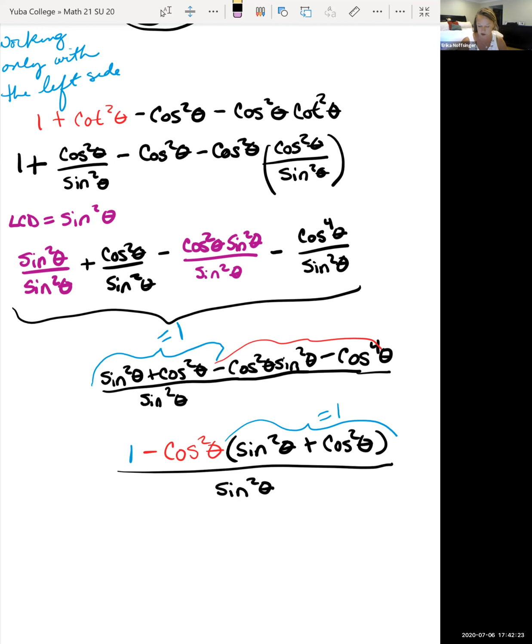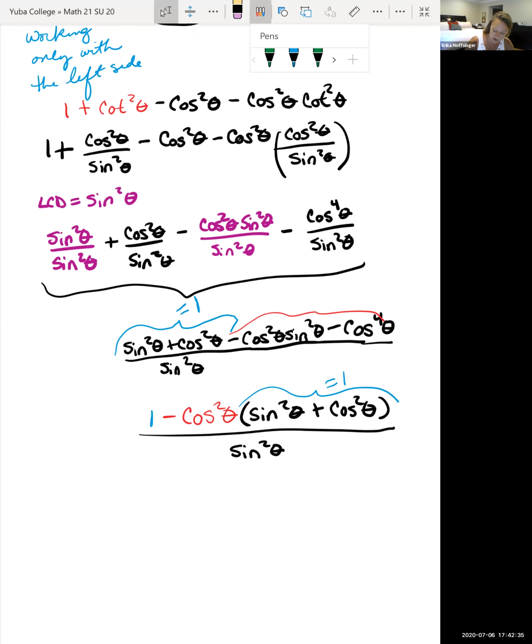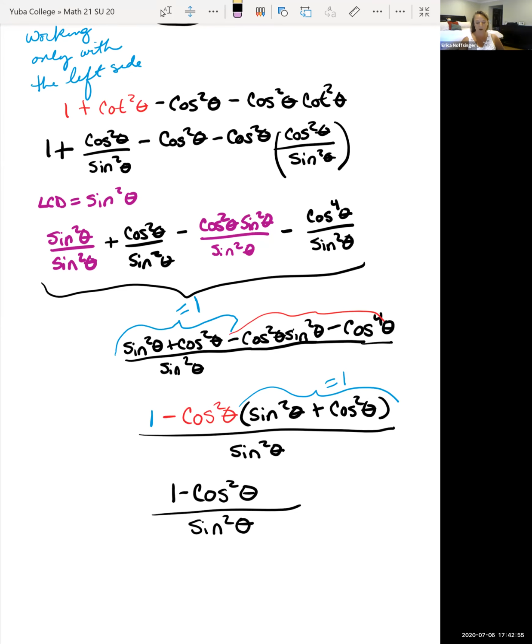So remembering your goal, what you're trying to get to, our eye is on manipulating this to look like 1. My numerator now, with simplifying, is 1 minus cosine squared theta, all over sine squared theta. We're trying to make this look like 1. And like I was saying, being able to identify other forms is really helpful.